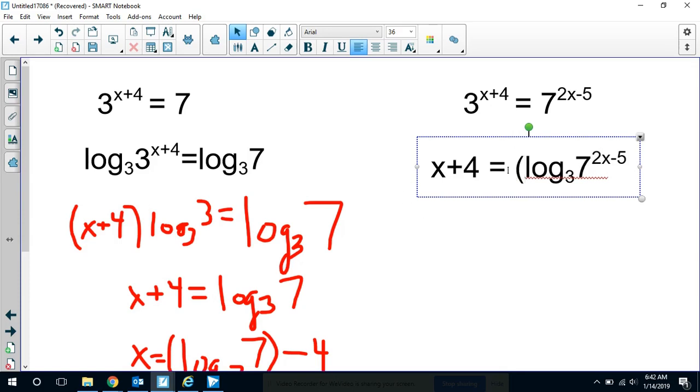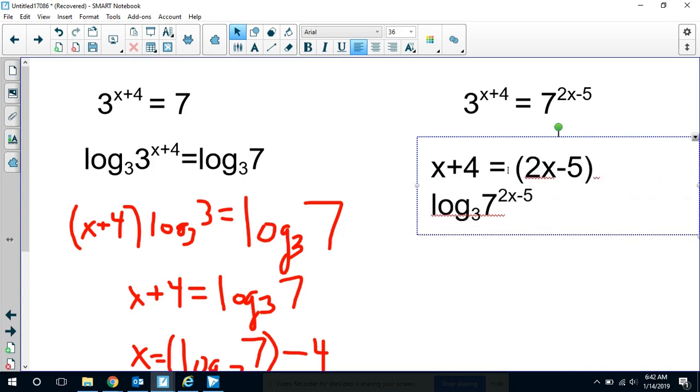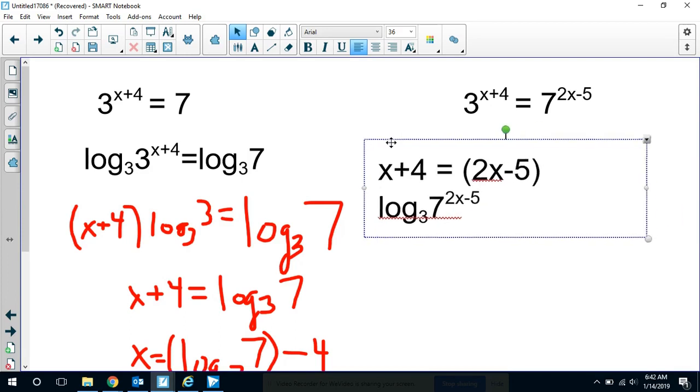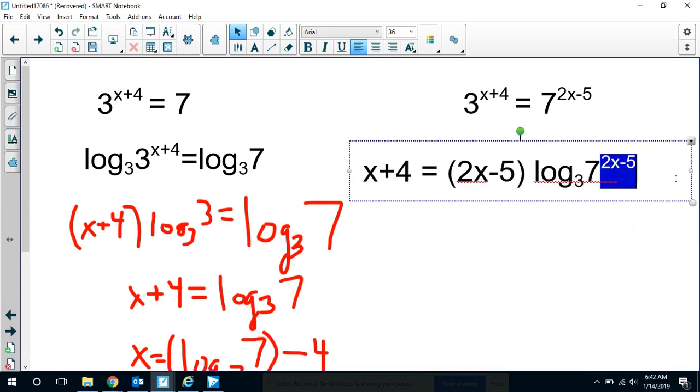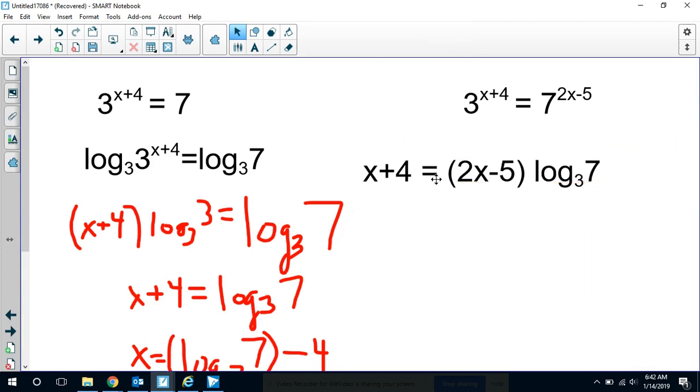So I can move the 2x minus 5 to the front, and then that gets rid of the exponent. So now I have log base 3 of 7 times 2x minus 5 equals x plus 4.